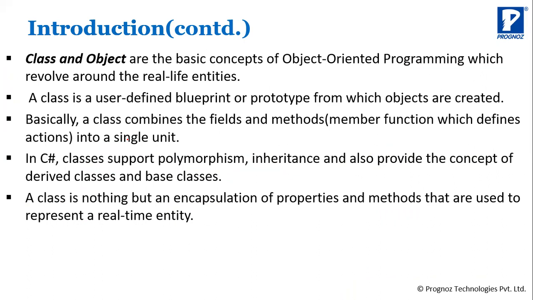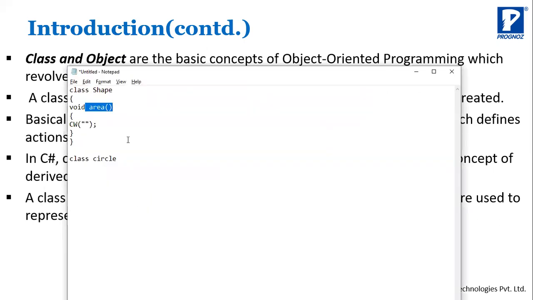Now we are going to discuss the class. What is a class? Class is a blueprint or template through which we can create an object. Different objects we can create.